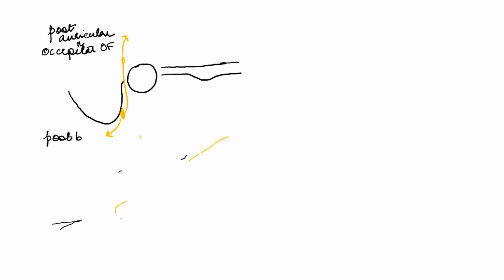It gives rise to the posterior auricular nerve, which goes behind the auricle, and it gives rise to a nerve which is going to supply the digastric. So this is the posterior auricular nerve, which supplies the occipital belly of the occipitofrontalis muscle. This supplies the posterior belly of digastric muscle.